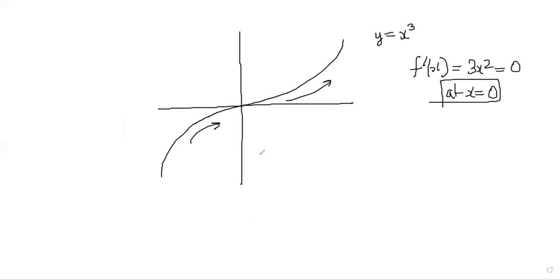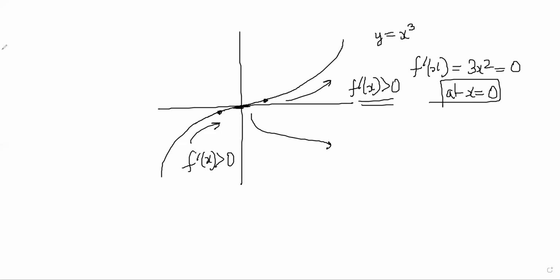So the derivative f dash x is positive here and it is still positive here. So this point is not a maxima or a minima. It is obvious from the figure also that this neighborhood has lower and this neighborhood has higher values.